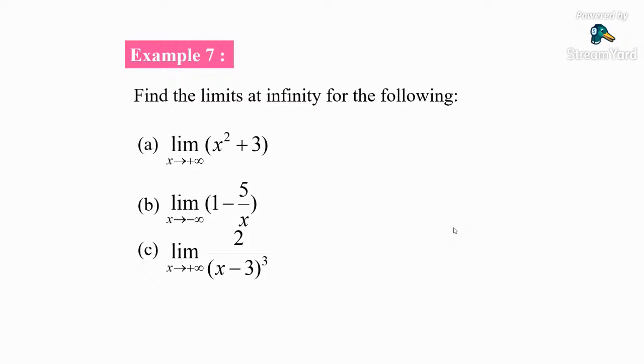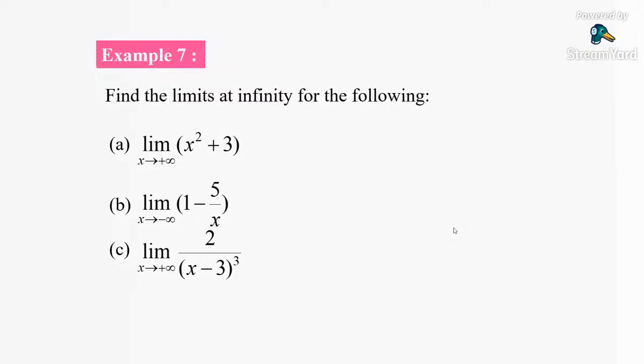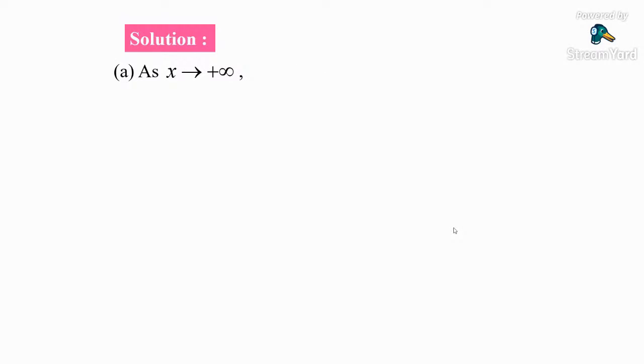Okay, so now find the limit at infinity for the following. Let me do 2 of them first and then I'll let you try C. Okay, so let me try to do A. This is the limit as x approaches infinity of x² + 3.